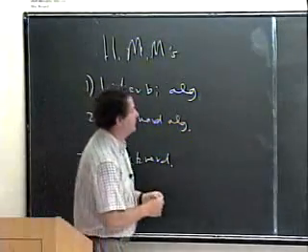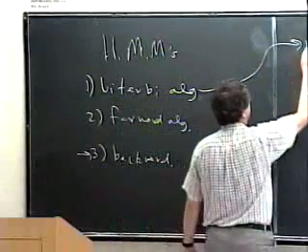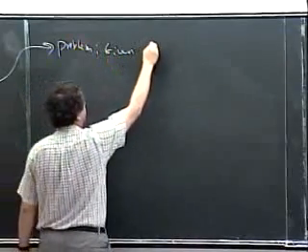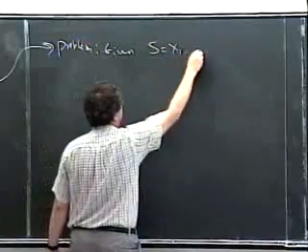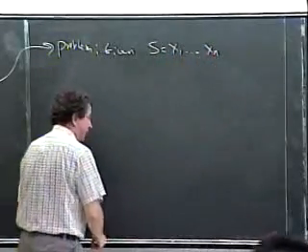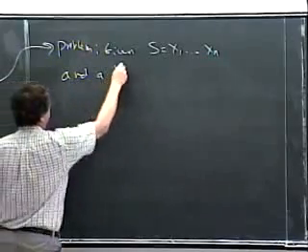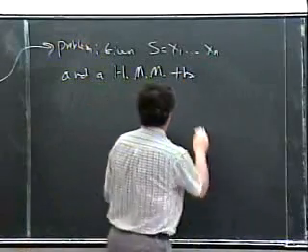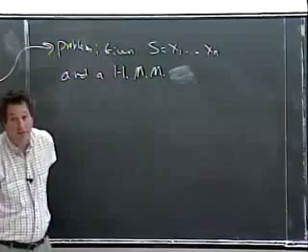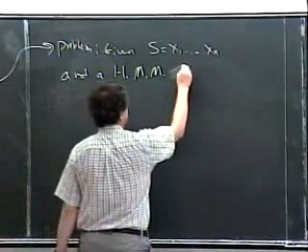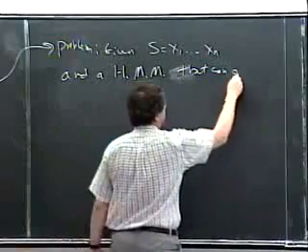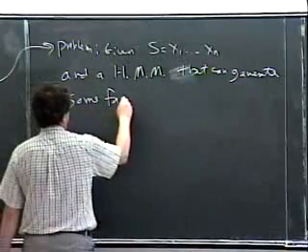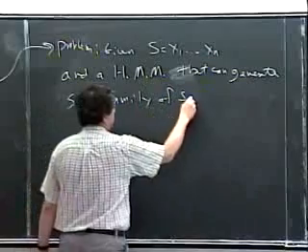Okay, but the Viterbi algorithm solves the following problem. Given a sequence S, x1 through xn, and a hidden Markov model that generates some family of sequences.